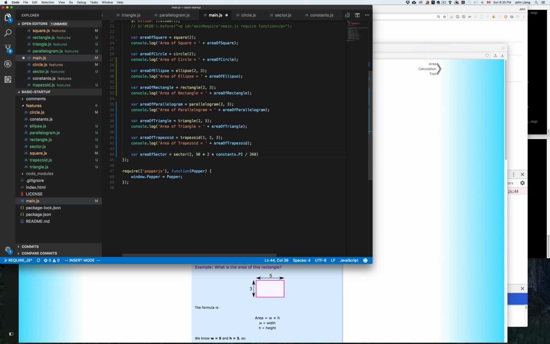So we could do it like this, and then console.log area of the sector equals to area of the sector.